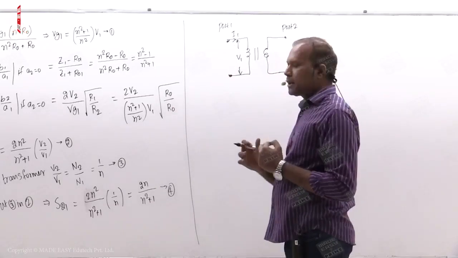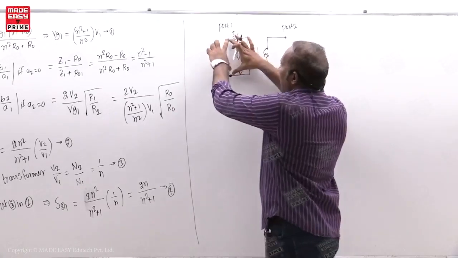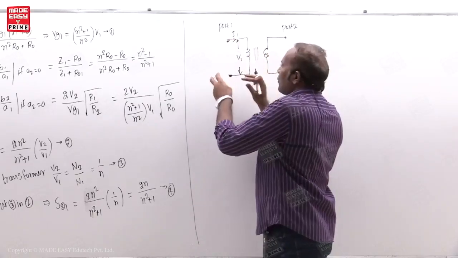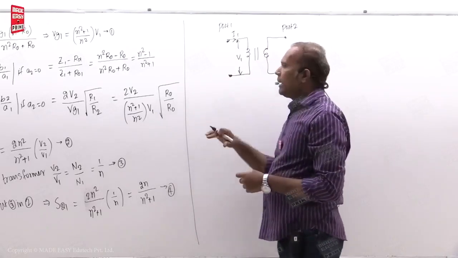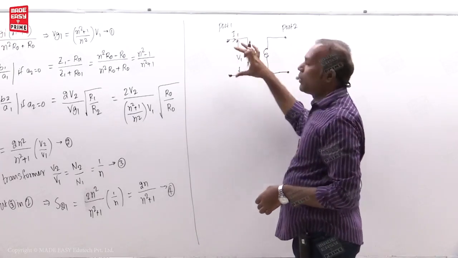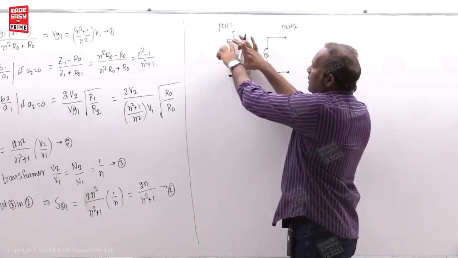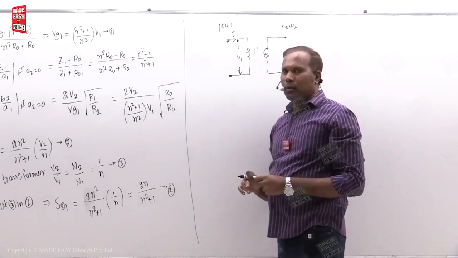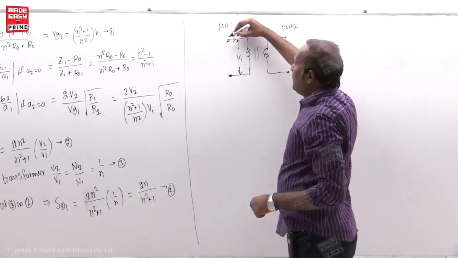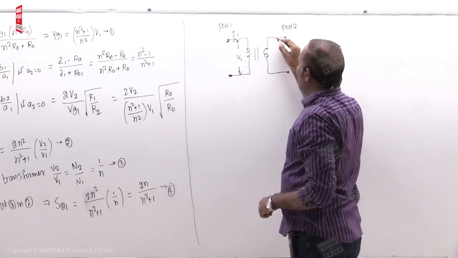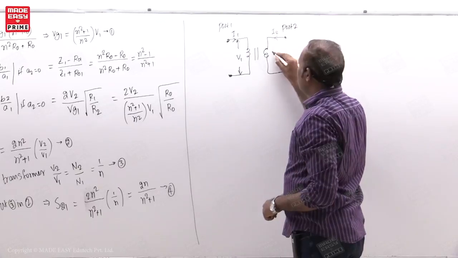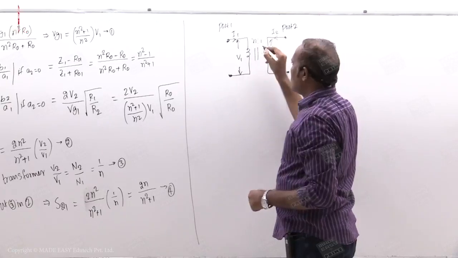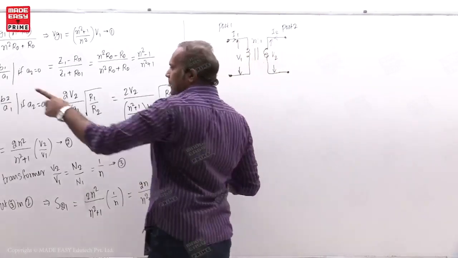Port means there two open wires are available, waiting for something to be connected. So this is port 1, port 2, this is I2, this is V2. This is the given diagram, n:1, right? That given diagram is this one.